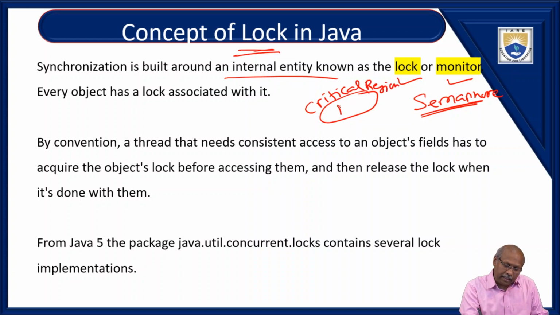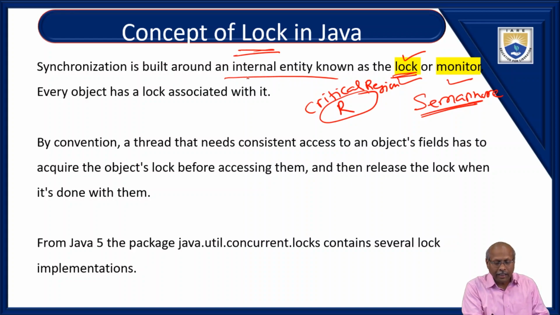Once it goes to the critical region, it will get the lock. Once the lock is obtained, nobody else can enter unless you unlock. To have the lock facility, you should have the concept called synchronization, which is internally implemented with the help of locking.